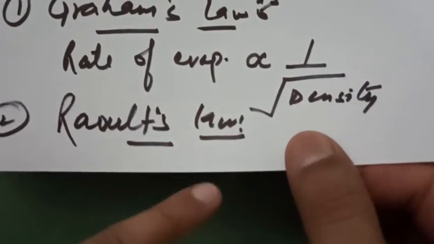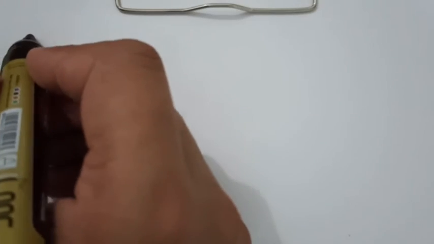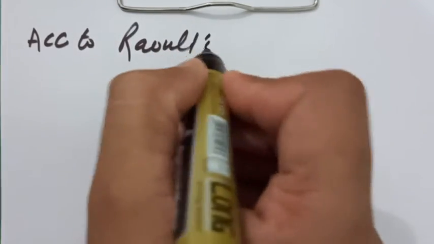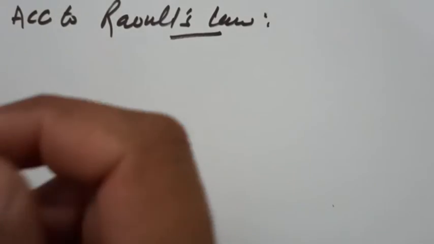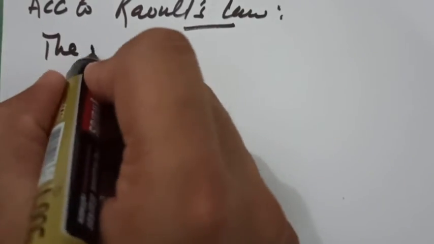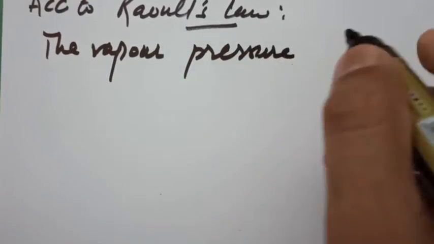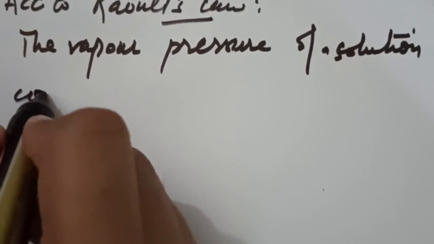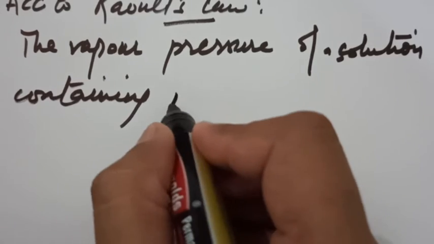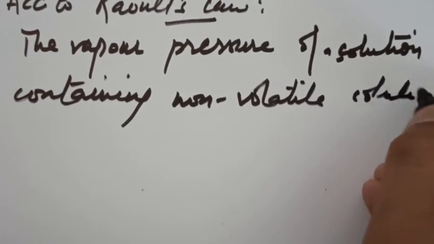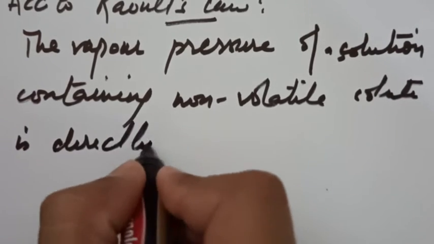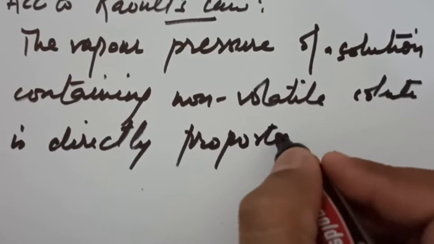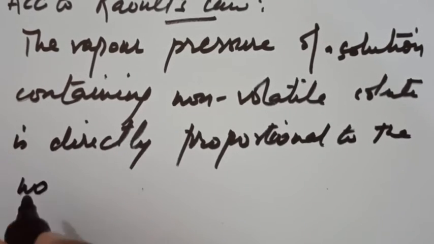So Raoult's law gave a mathematical expression. According to Raoult's law, the vapor pressure of a solution containing a non-volatile solute is directly proportional to the mole fraction of solvent.